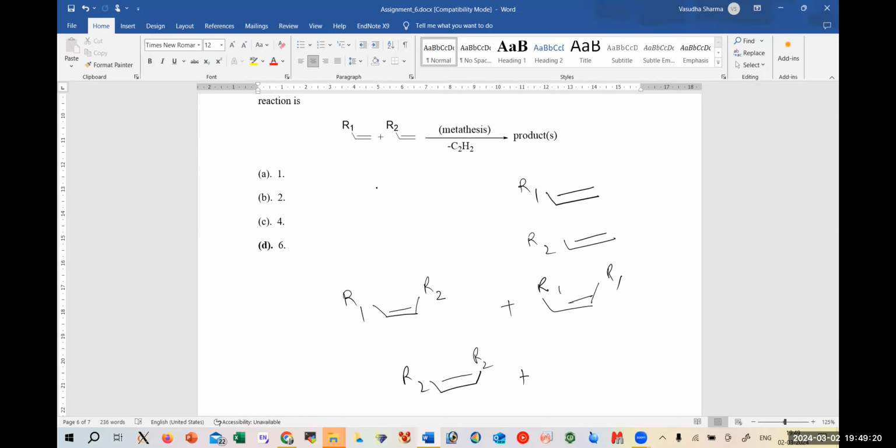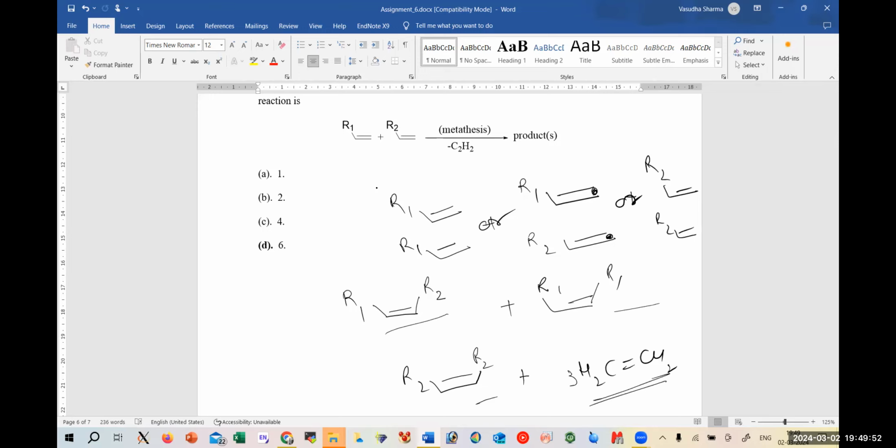Obviously CH2 would be there in every part where one part is going to connect with the other one. Since we will be having three different possibilities, two molecules of this one combine, or this one with that one, or R2 combines with R2. So these are three possibilities which could give you one product, second product, third, and the CH2 molecules. So possible products would be six.